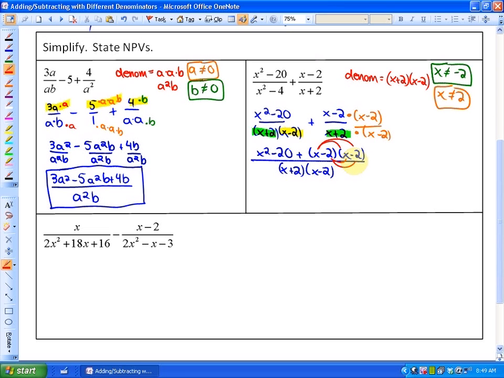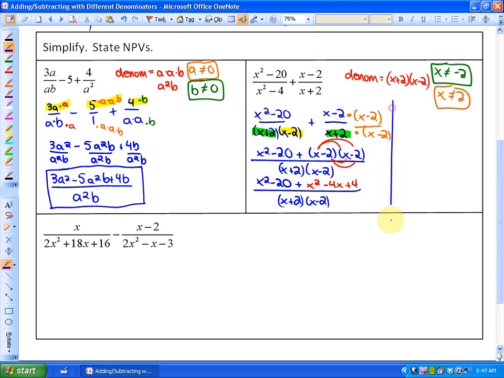So before we can think about factoring our numerator, we're going to have to expand it, simplify, and then maybe try and factor again. So what we have in our numerator is x squared minus 2x plus, in this particular case, x squared minus 4x plus 4 all over a common denominator of x plus 2 and x minus 2.